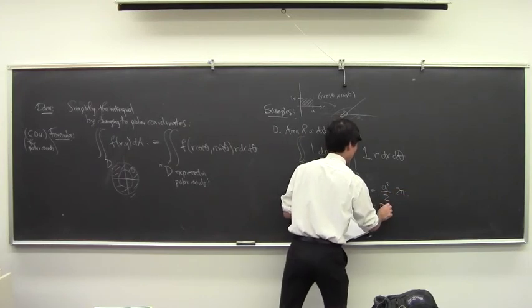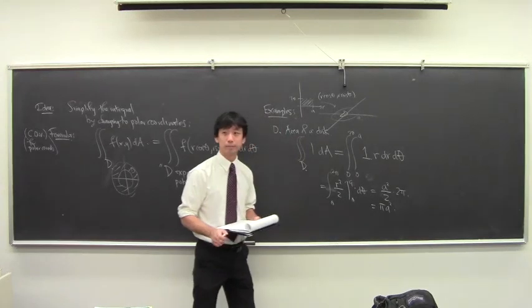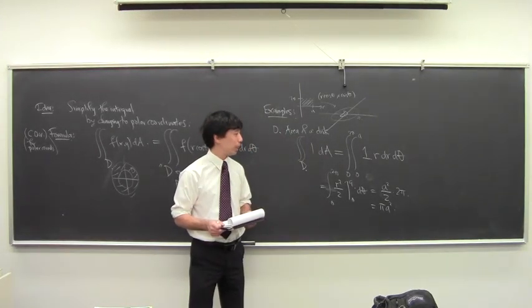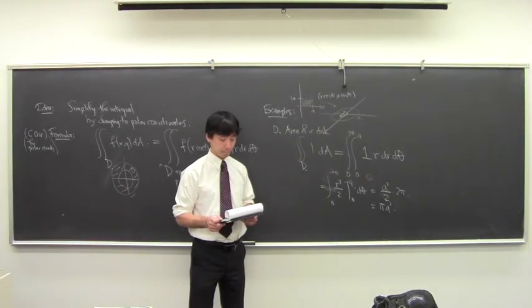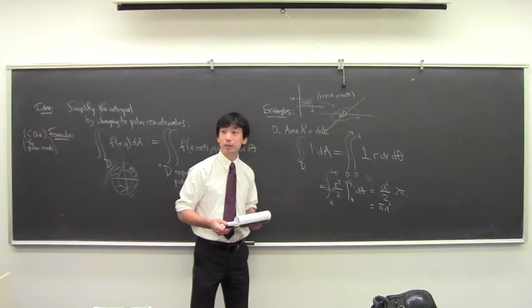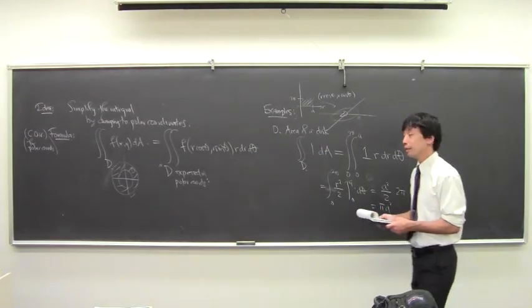That's pi a squared. Right? Pi radius squared.